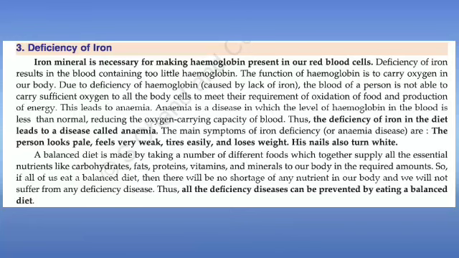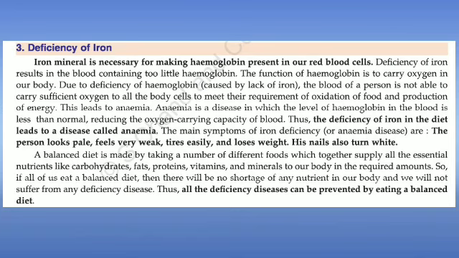Understand, children? Okay. Now come to the third deficiency, that is deficiency of iron. Iron mineral is necessary for making hemoglobin present in our red blood cells. Isn't it? We have discussed in the previous class. Due to deficiency of hemoglobin, that is caused by lack of iron, the blood of a person is not able to carry sufficient oxygen to all the body cells to meet the requirement of oxidation of food and production of energy.